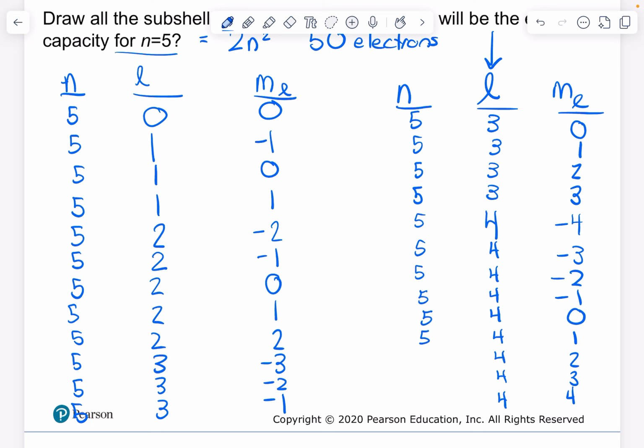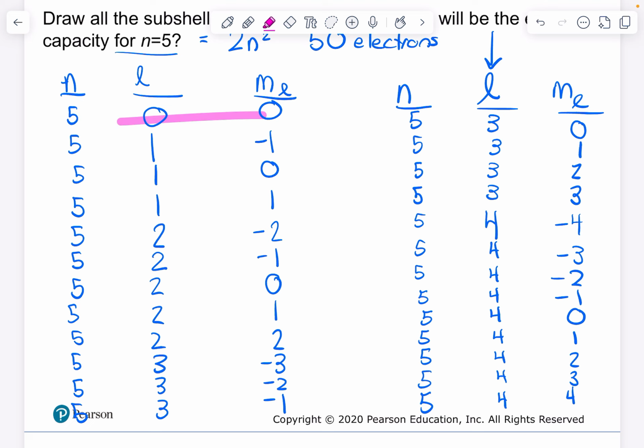Now, the way we can verify our electron capacity is to know that each one of these orbitals can have 2 electrons, one with spin +1/2, one with spin -1/2. So if we count up each of these orbitals, that number times 2 should be our electron capacity.